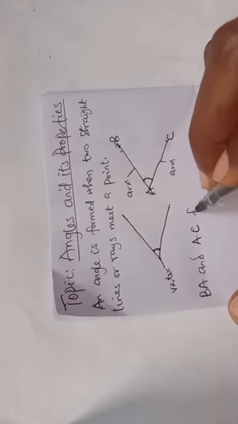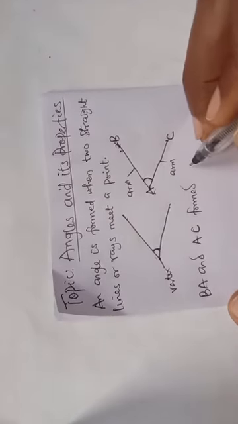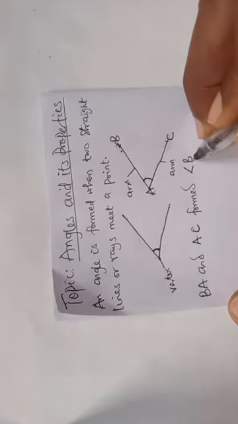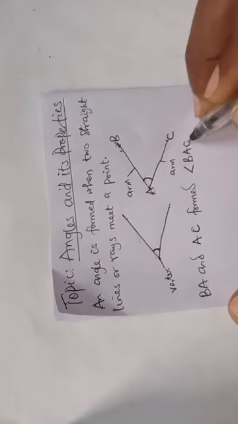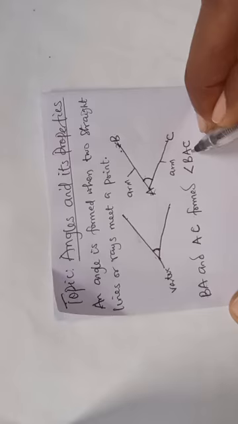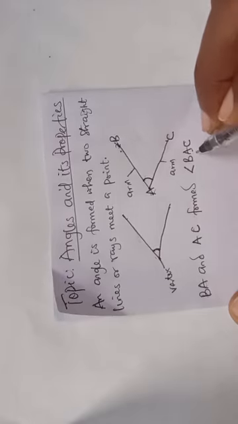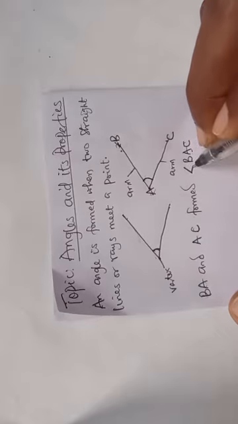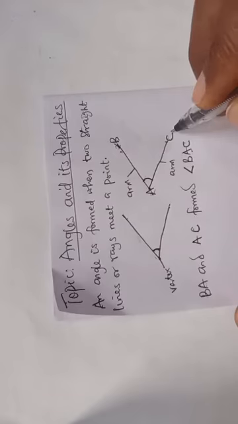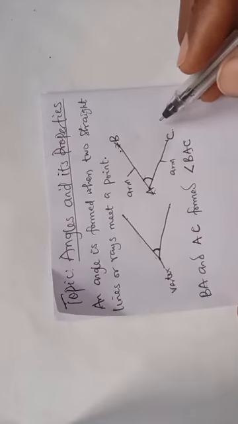The A at the center means that the angle is at A. If C happens to be at the center, it means that the angle is formed at C. Is that okay? Good. So this is a simple illustration of what an angle looks like.